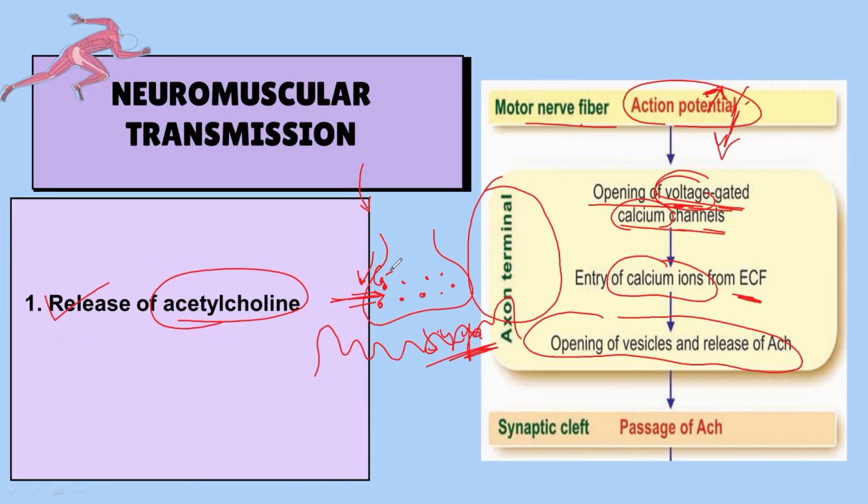Entry of calcium is responsible for the opening of these vesicles, and these vesicles contain acetylcholine. This acetylcholine releases in the synaptic cleft and reaches the motor end plate or the post-synaptic membrane. Finally, there is a passage of acetylcholine in the synaptic cleft.